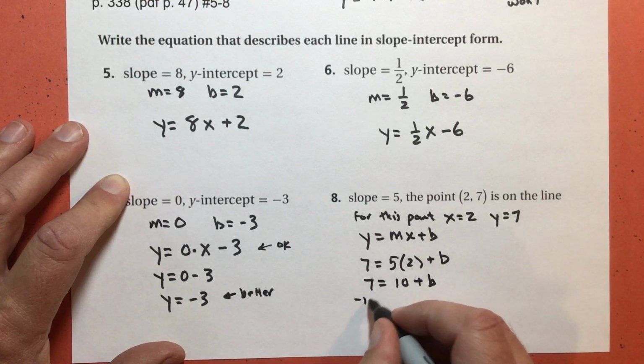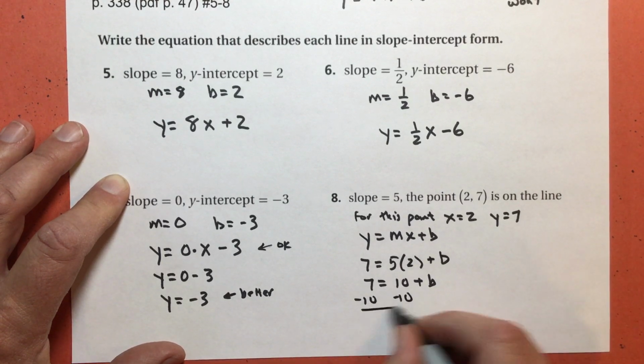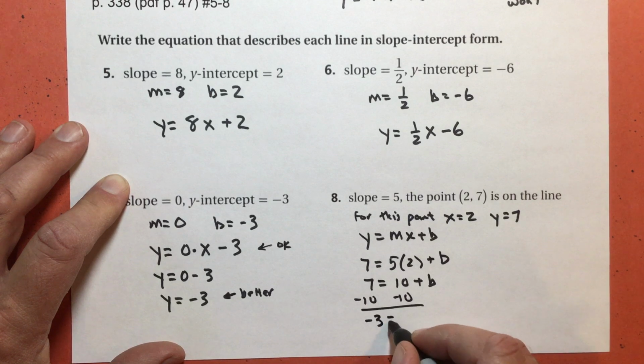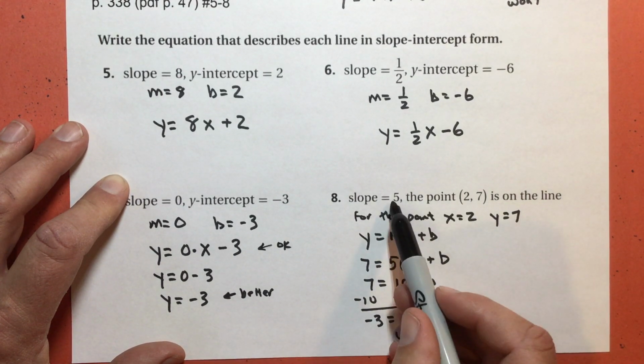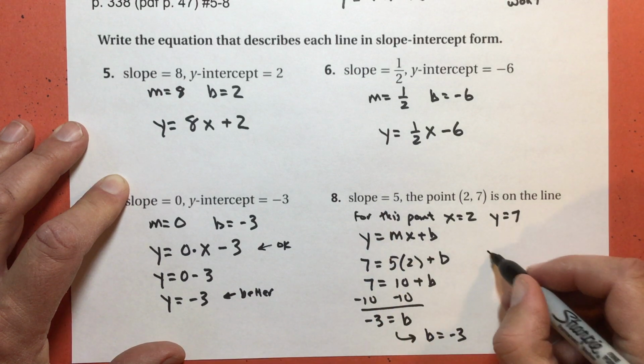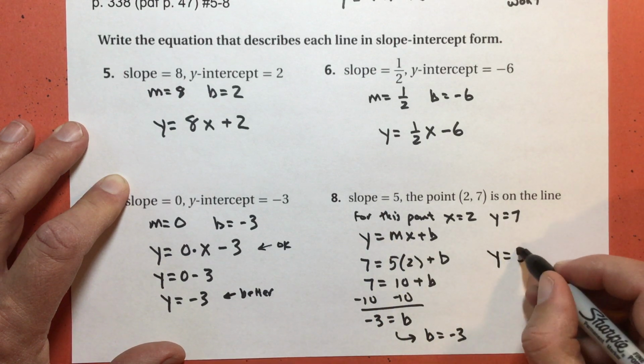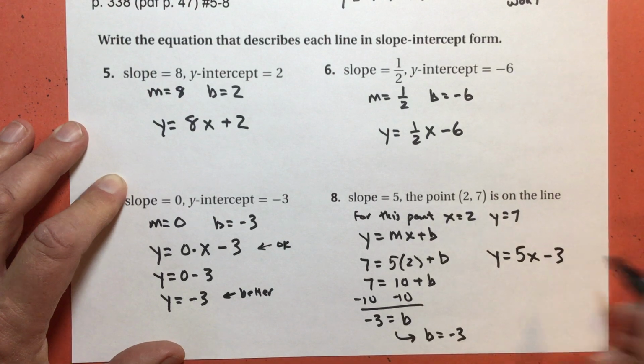And if I add -10 to both sides, I get -3 equals b. And of course I should write that the correct way and write b equals -3. So now I know that my y-intercept is -3. My slope is still 5. So I write y equals 5x minus 3.